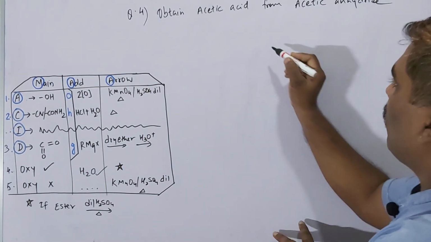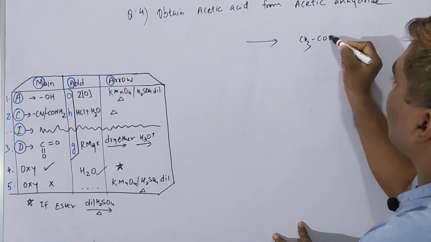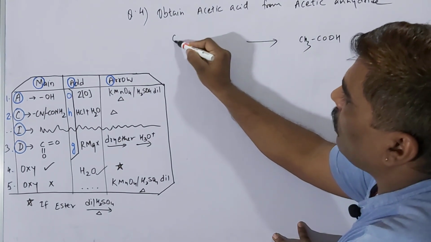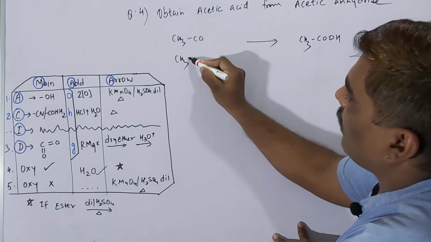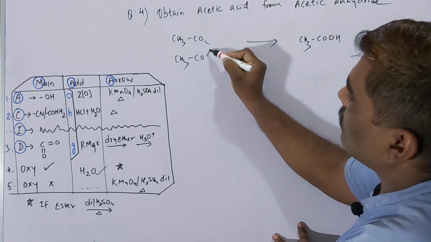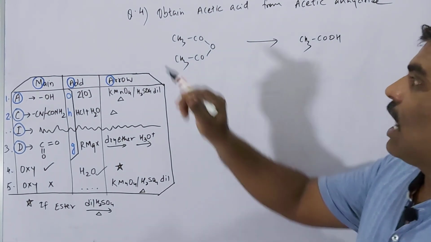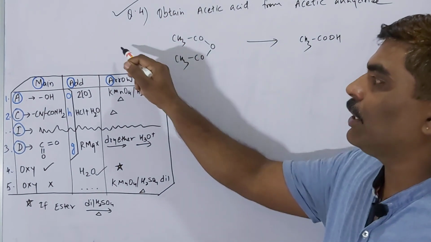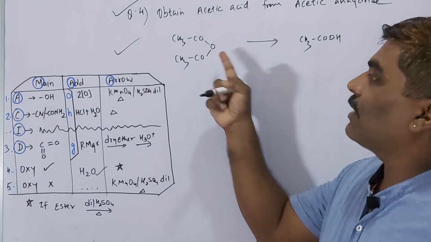Okay, now the arrow. We want to prepare acetic acid. What is the formula of acetic anhydride? It is this. After converting your question into this answer form, now try to find out where this anhydride belongs.